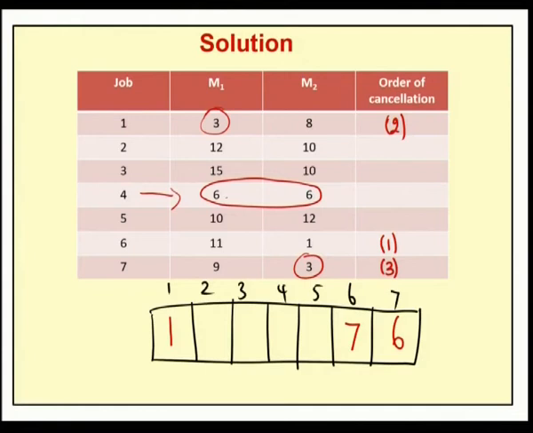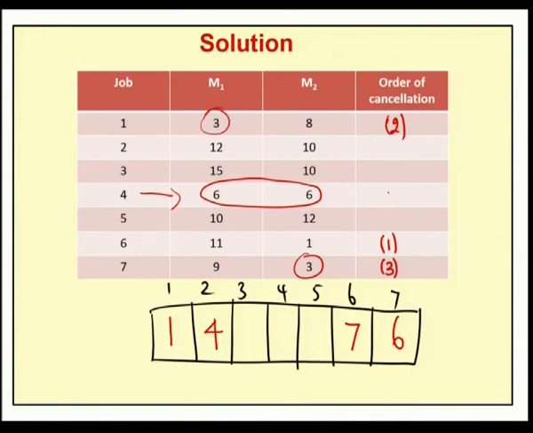Either we can place job 4 next to the first, because 6 occurs under machine 1, or next to the last, because 6 also occurs under machine 2. We will choose machine 1, therefore job 4 is placed next to the first.